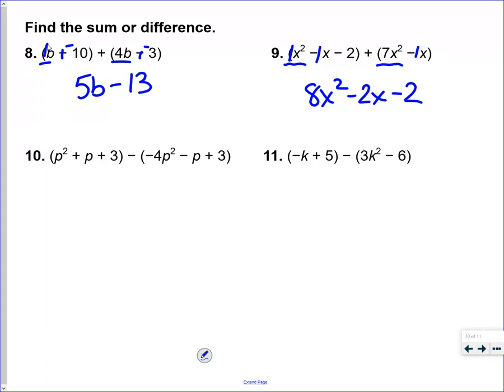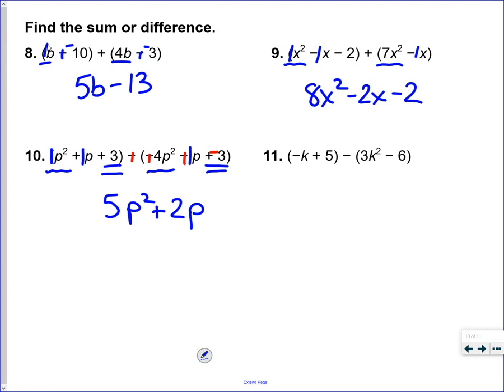When I do my changing here, I'm going to add and then opposite, opposite, opposite. So I have 1p squared plus 4p squared is 5p squared. A 1p plus another 1p is going to be 2p. And 3 and negative 3 would just cancel. I would not put a plus 0 at the end on that.